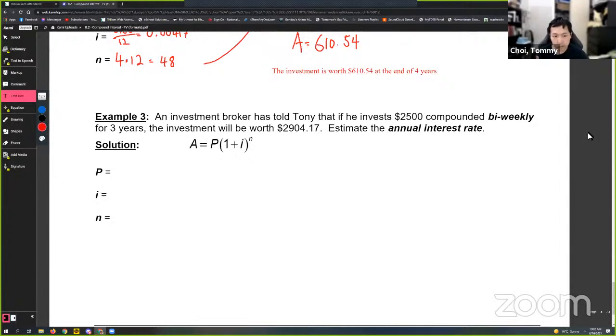As of now, you do not know how to isolate I. But remember, when it gets to this and you get to the power, I said you need to try to estimate what that value might be.